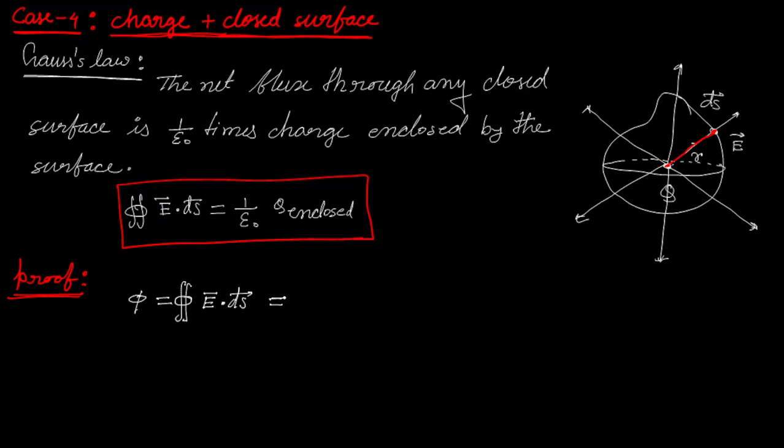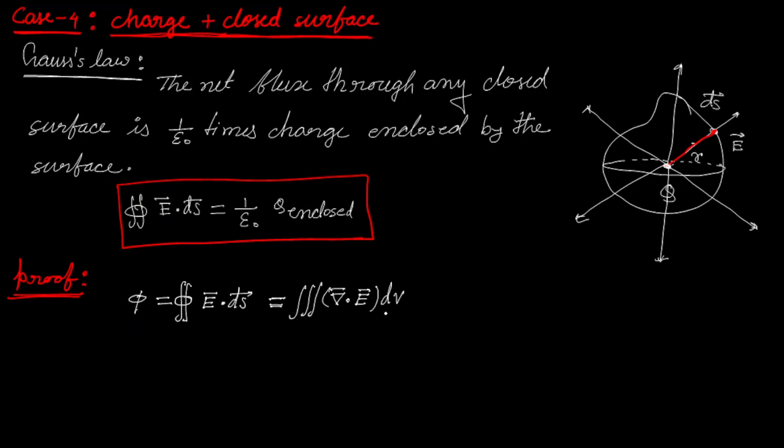Now, according to the divergence theorem, we can convert this surface integral into a volume integral. For that, first we have to take the divergence of the electric field. Whatever the electric field, it will generate this charge inside the volume into dV.